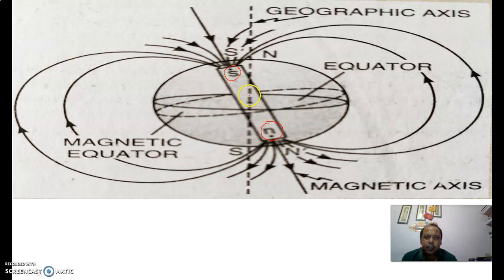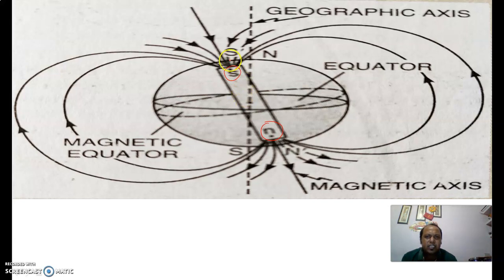Now wherever on the Earth you are standing, if a plane passes vertically through the surface of the Earth and coincides with the geographical axis, it is known as the geographical meridian, and if it coincides with the magnetic axis, it is known as the magnetic meridian. At a particular point, the geographic meridian and magnetic meridian will not coincide with each other.